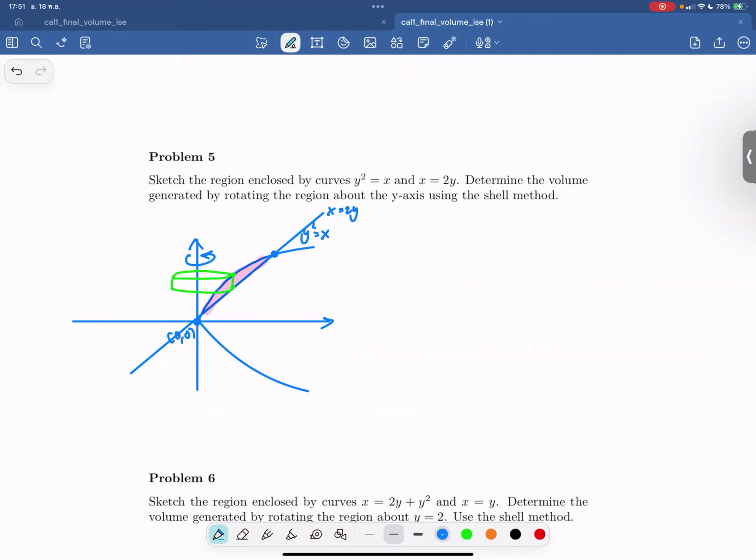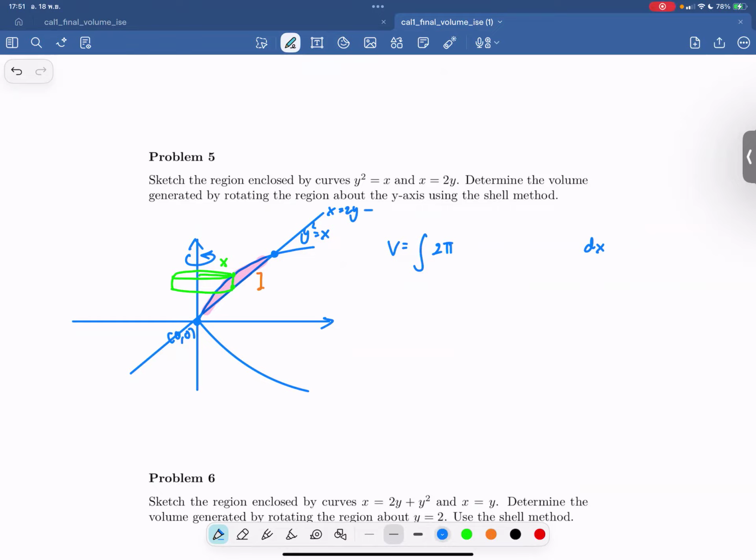So we need to find the volume with respect to the variable x. We put 2 pi over here, and the radius is x, and the height is the upper function minus the lower function. But we do need the functions in terms of x, right?